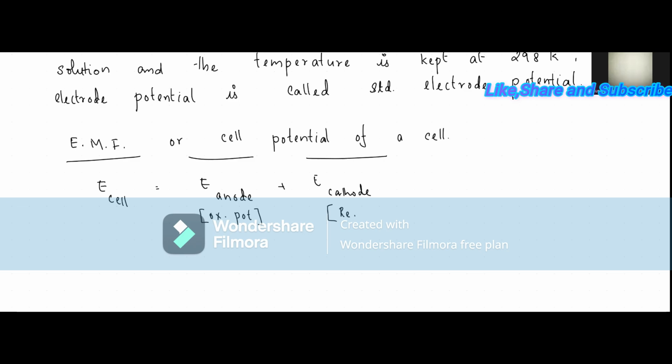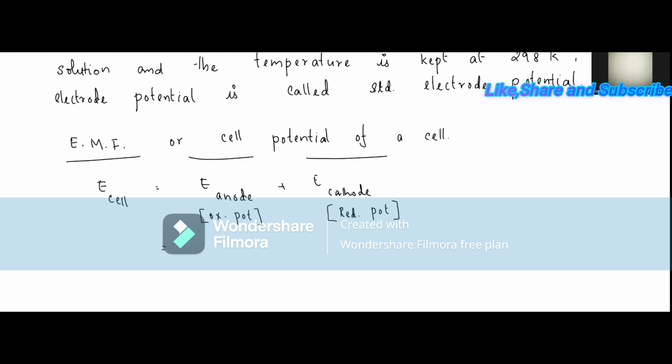But as per IUPAC, we cannot express the potential in terms of oxidation potential. The electrode potential has to be expressed in reduction potential only.